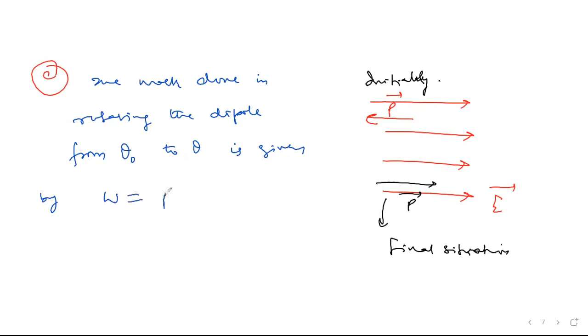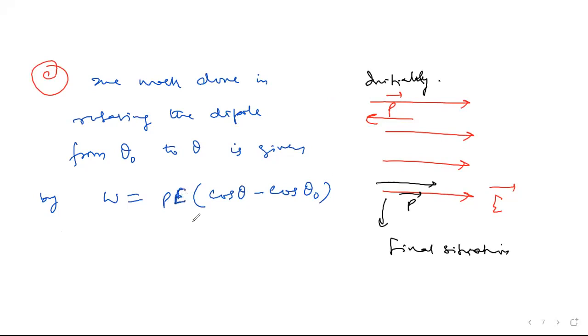Expression is PE cos of theta minus cos of theta naught. This is our expression.